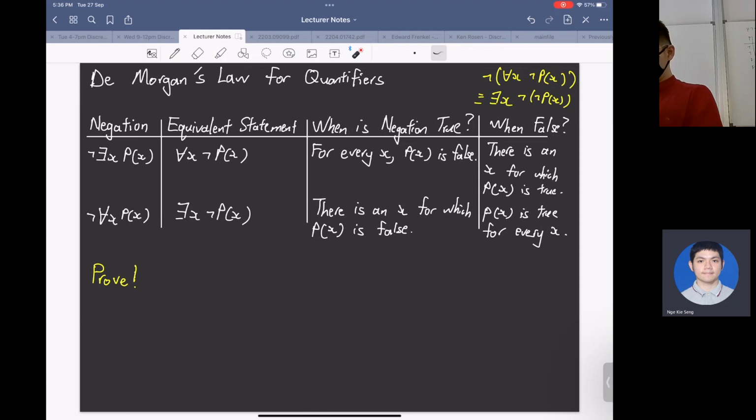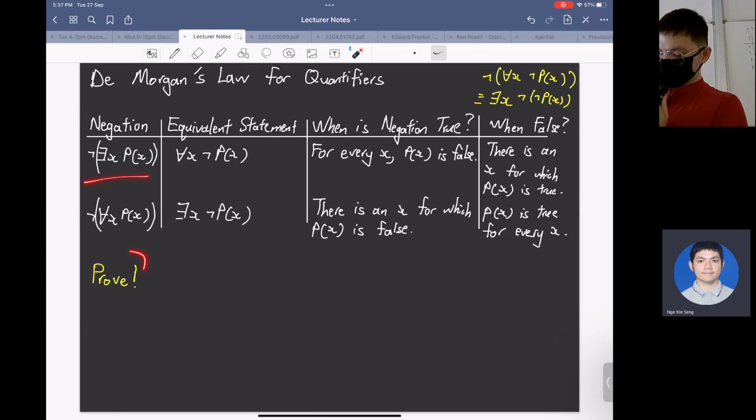Similarly, if you want to negate for every x P(x): to avoid confusion, when we put the not up here it usually means this. So when you bring the negation in, for every becomes there exists, and then we negate this.